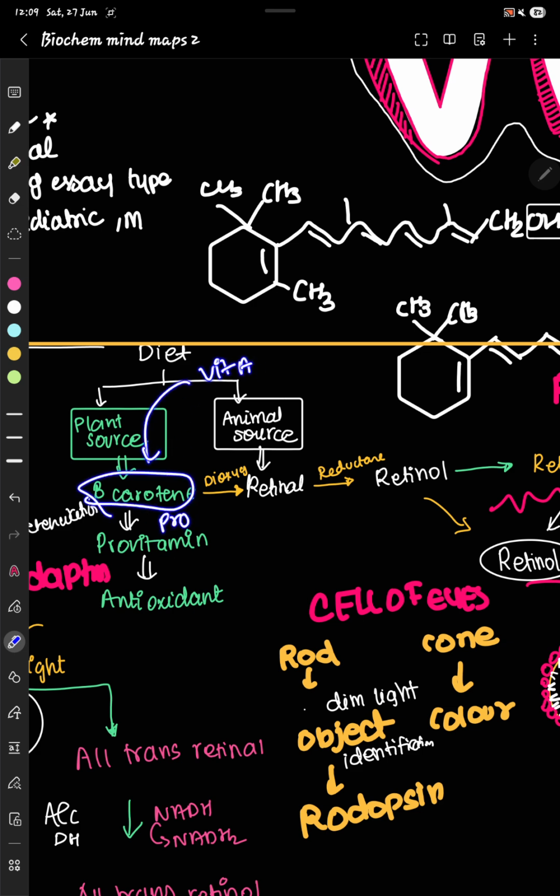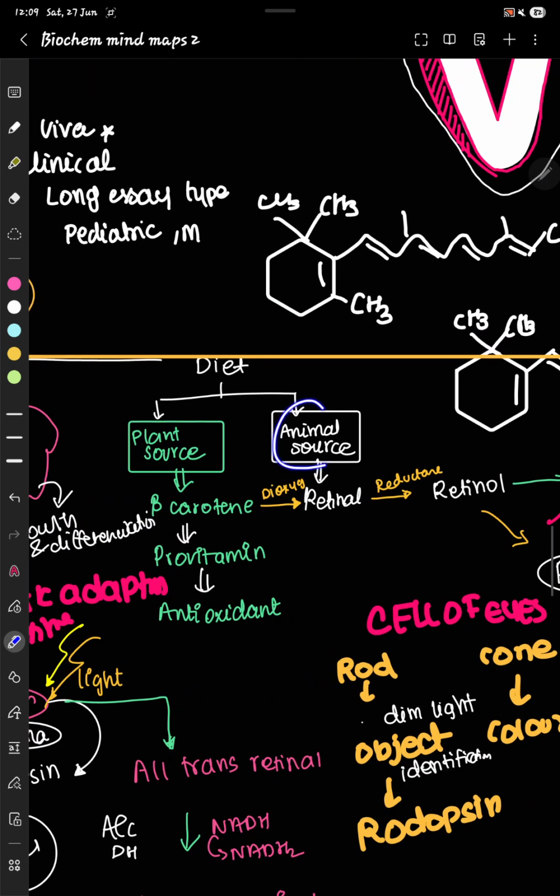Beta carotene is a provitamin, that is, a precursor of the vitamin, and it is an antioxidant. Antioxidants are substances which prevent oxidation, that is, the formation of free radicals. Hence they prevent aging, and the skin stays glowing like young skin. So beta carotene is required for skin as an antioxidant.